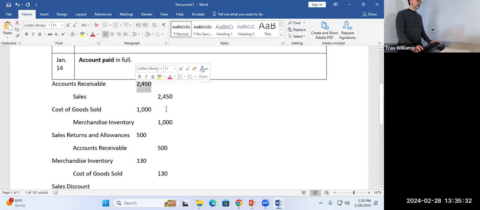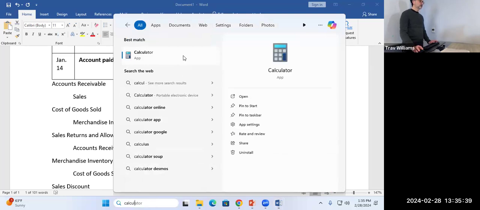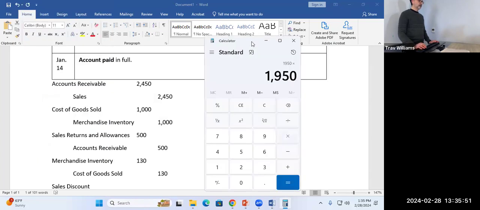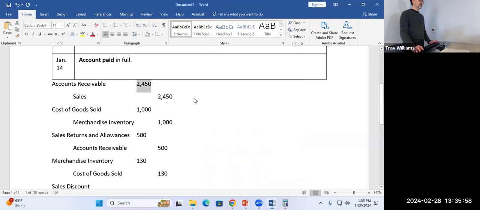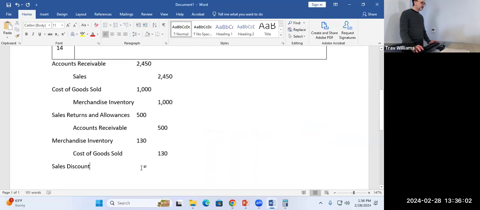But the original was $2,450. So take the $2,450 original minus the $500 return. They owe us $1,950, and that is what we multiply by the 2% from the credit terms. And we see they get a discount of $39, right? So that is the sales discount amount.